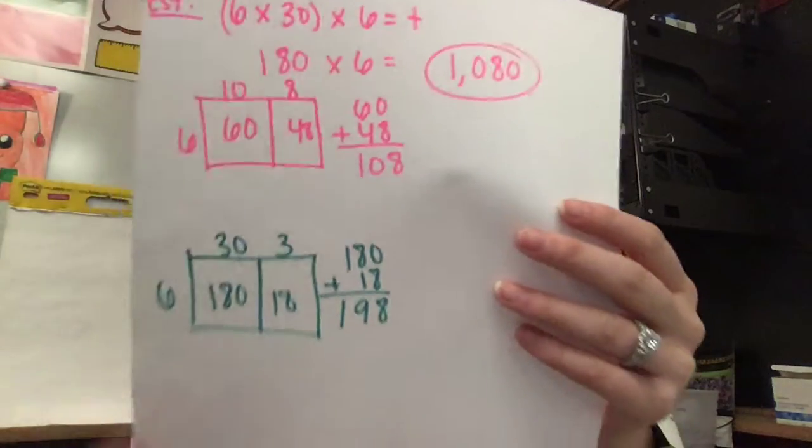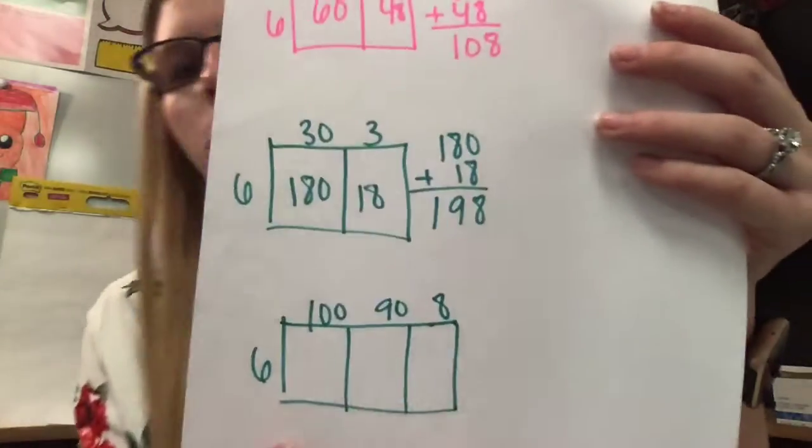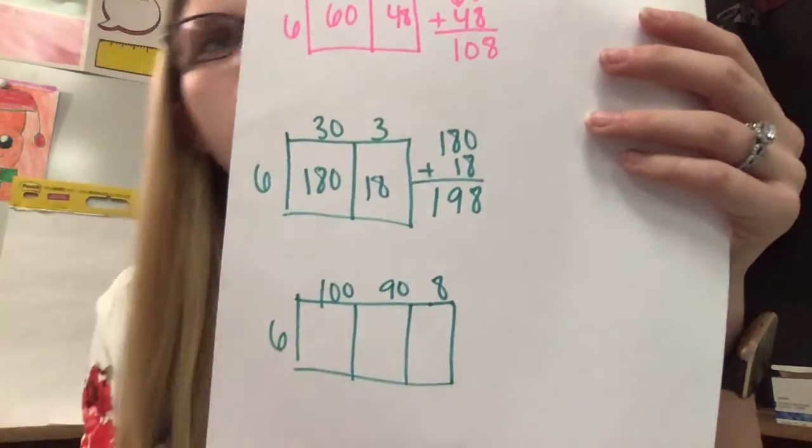Okay, but then I gotta times that by 6 now. Let's do 198 times 6. So again, I'm gonna do another box method. I'm gonna make it a little bit bigger because I've got place value in the 100. That's my new box. 6 times 100 is 600. 6 times 9, that's going to be 54, and then tack on that 0, and then again, that's that 48.